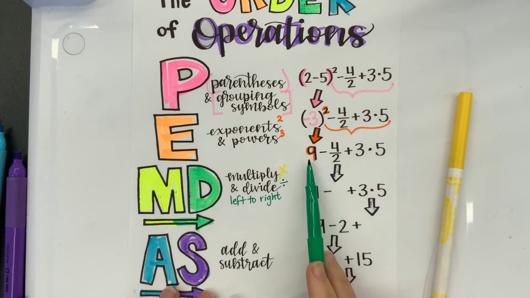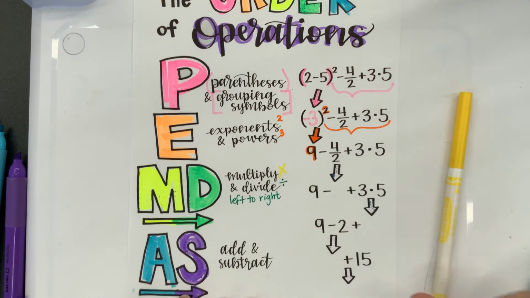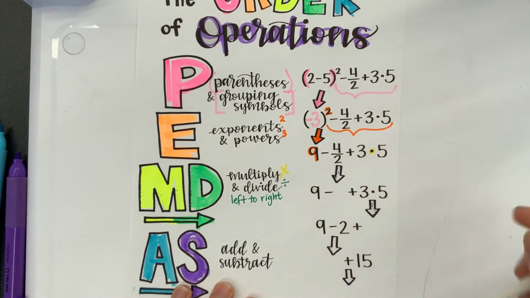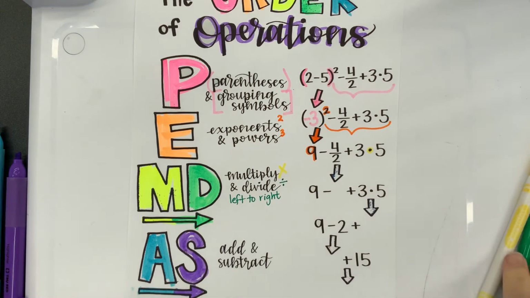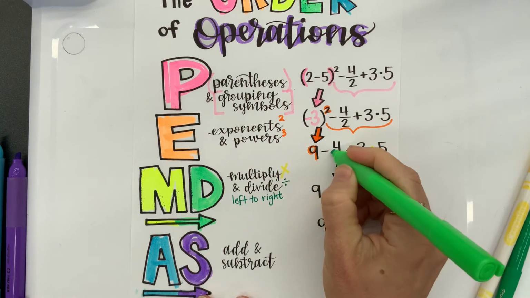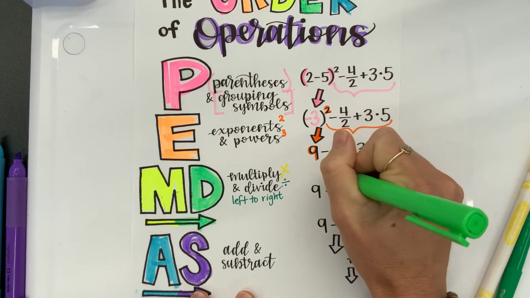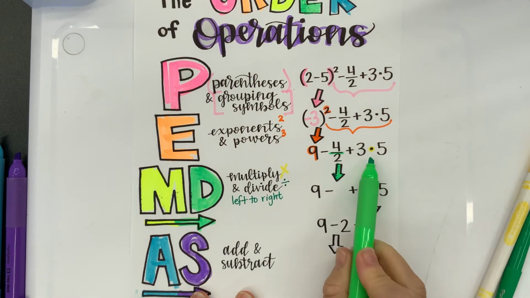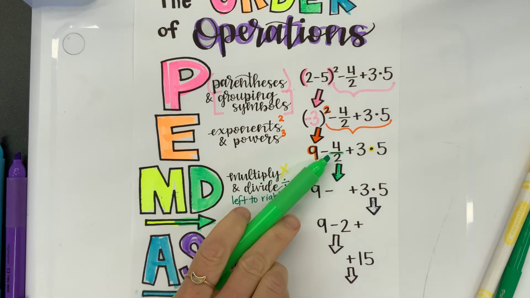All right, so if I scan this, I can see there's some multiplication here. And I can see we have some sneaky division right here. This fraction, that's a sneaky division. So I'm going to do that first. I am not going to do that multiplication first, because if I go from left to right, what comes first? The division.